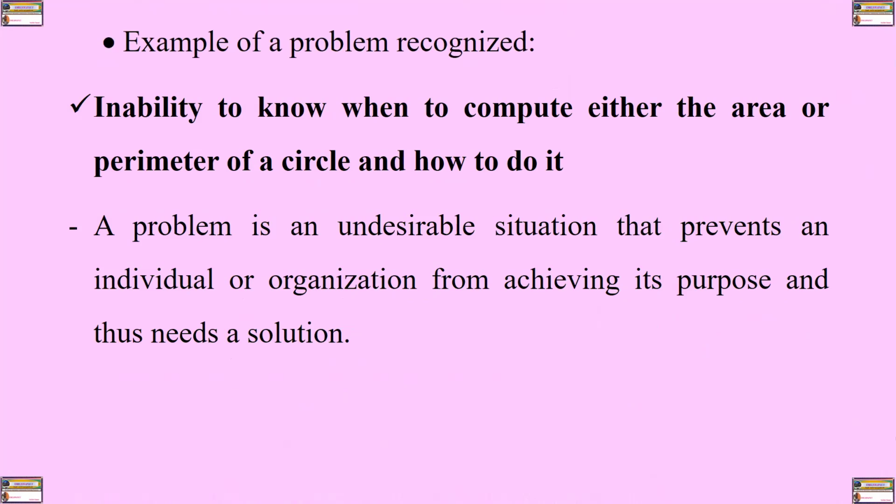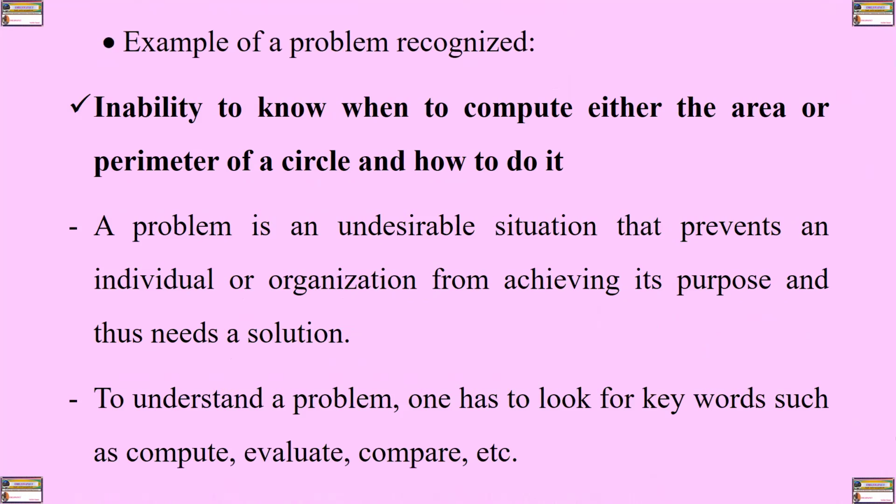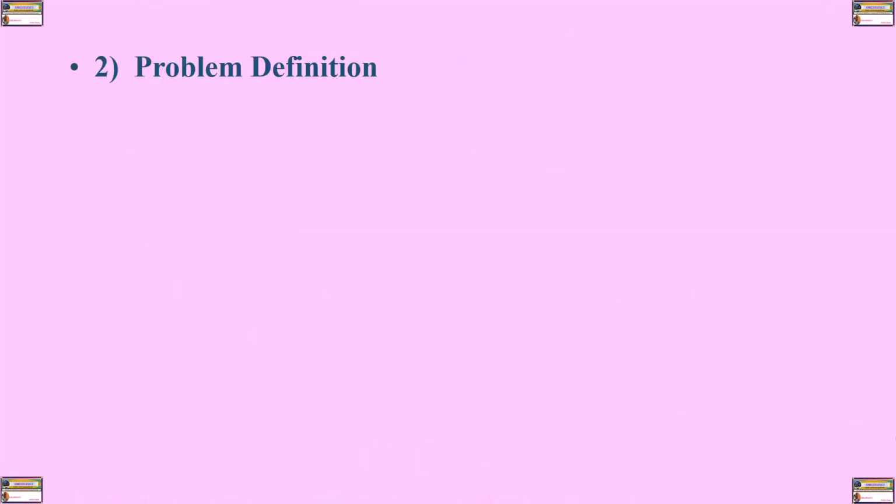A problem is an undesirable situation that prevents an individual or organization from achieving its purpose and thus needs a solution. To understand a problem, one has to look for keywords such as compute, evaluate, compare, amongst others.